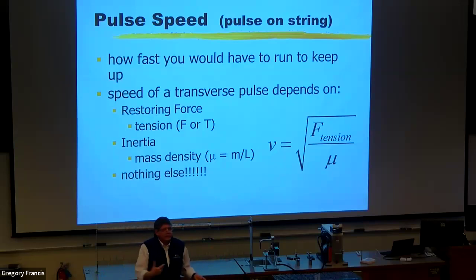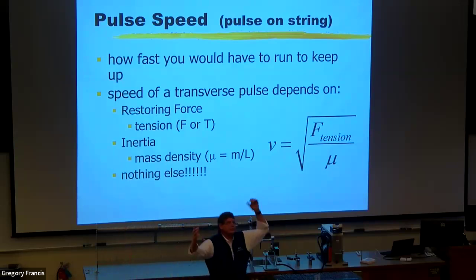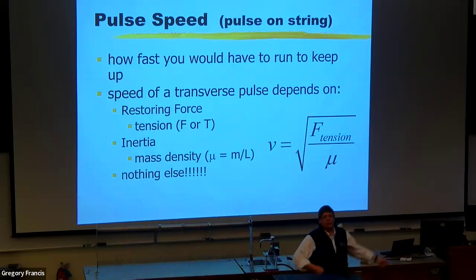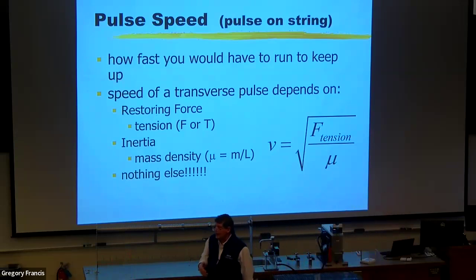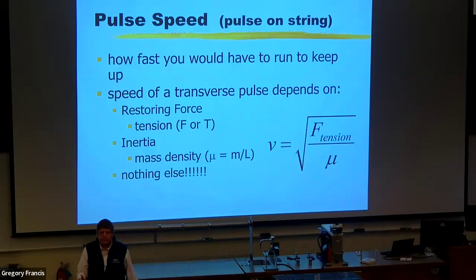And if I wanted to send a pulse down this line of football players, we'd have them pulling on each other, and one of them jumps up, pulling his neighbor, who pulls his neighbor, who pulls his neighbor. How fast that energy is going to get down the line depends on two things.